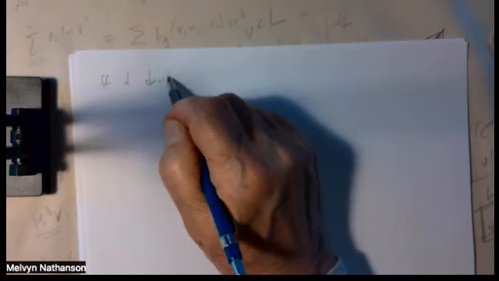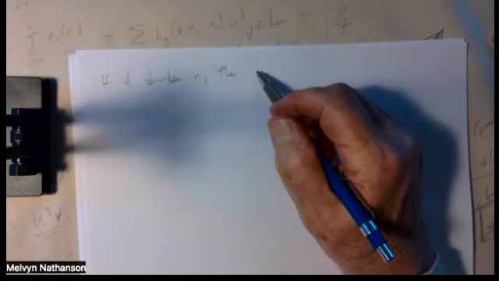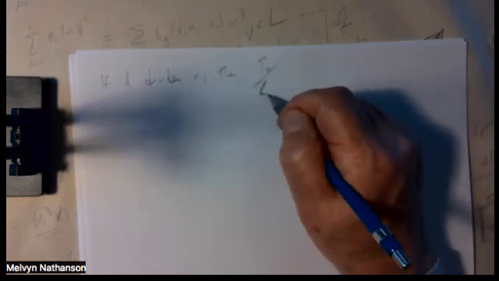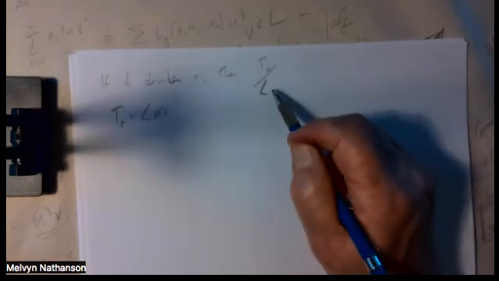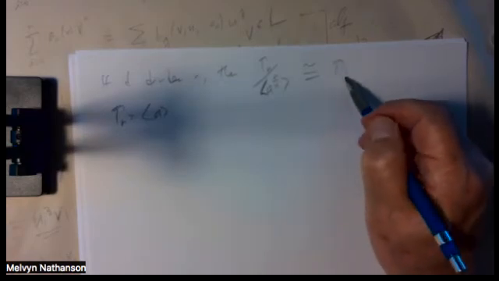And this is an instance of the general fact that if d is a positive integer and divides n, then if I take the cyclic group of order n, and divide it by the cyclic group generated by, so suppose gamma n is generated by the element a, take the cyclic group generated by the element a to the n over d, and this is isomorphic to the cyclic group of order d.